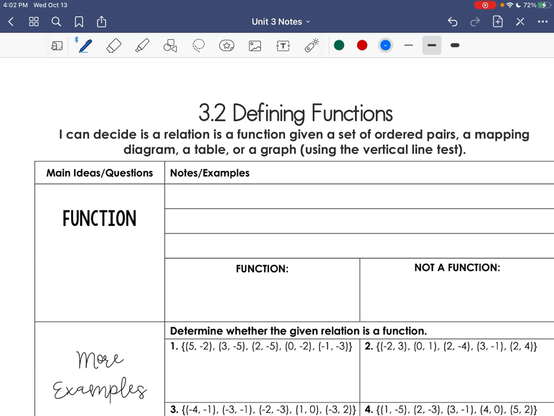Today in lesson 3.2, we're learning to define a function. So you are looking at a relation, which is any group of inputs and outputs. But a function is a special relationship between values.